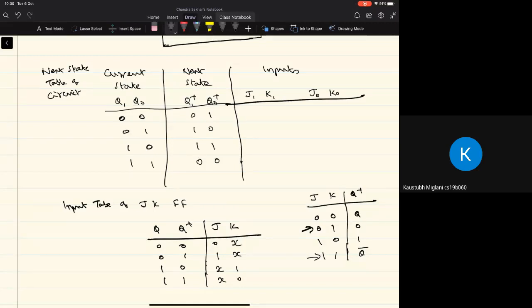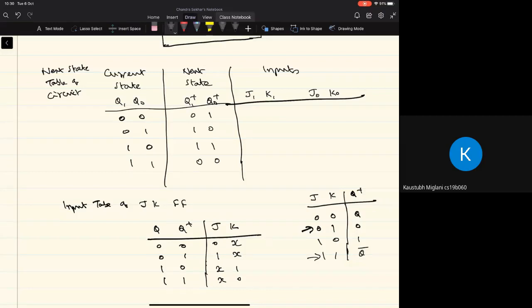So basically, what we get as the input table of the JK flip-flop is what values of J and K will give me the desired transition from the current state of the flip-flop to the new state of the flip-flop. We have to get this input table for each of the flip-flops. We'll do that for the other flip-flops later.